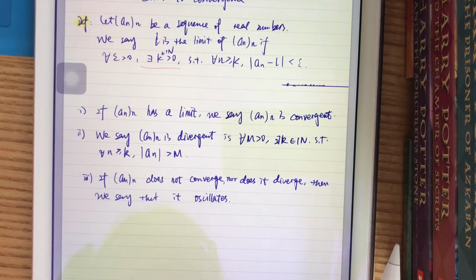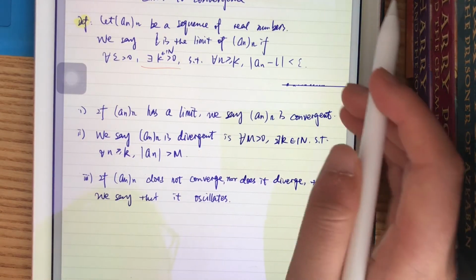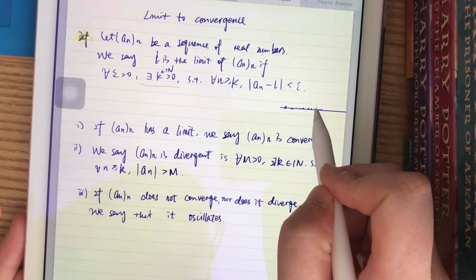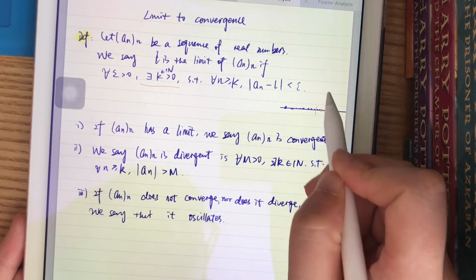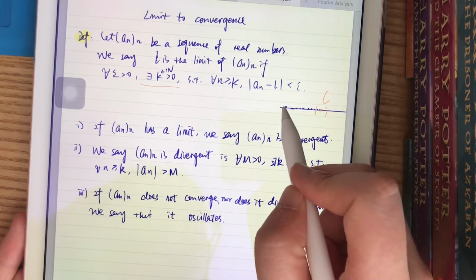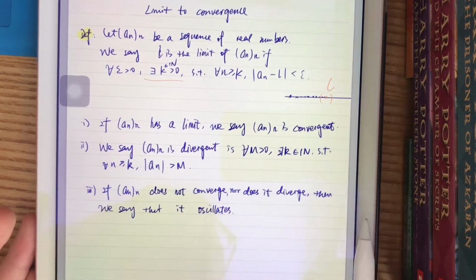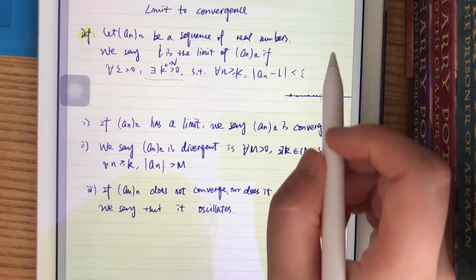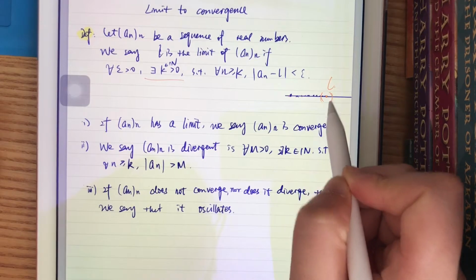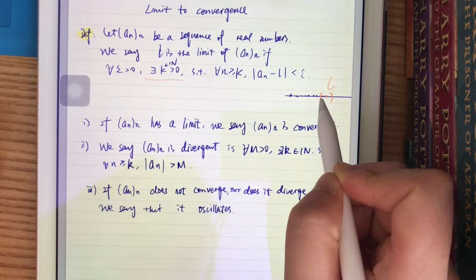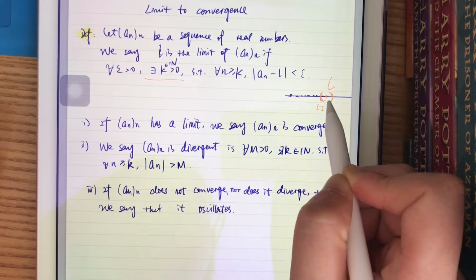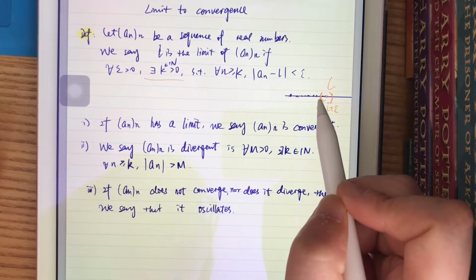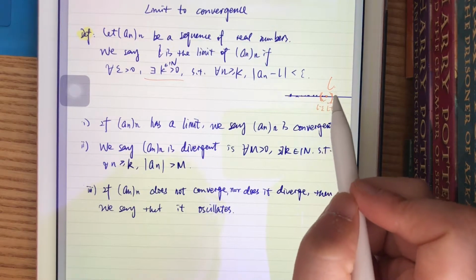So suppose this is R, and here is a sequence of real numbers. We say the limit of the sequence is R. Then whatever epsilon you choose, like here I choose this epsilon, R minus epsilon, R plus epsilon, then you can always find the k.